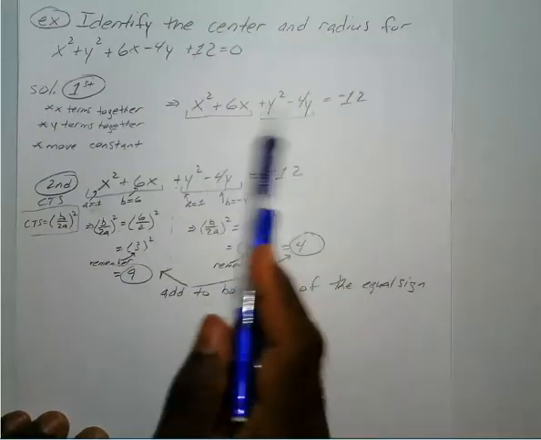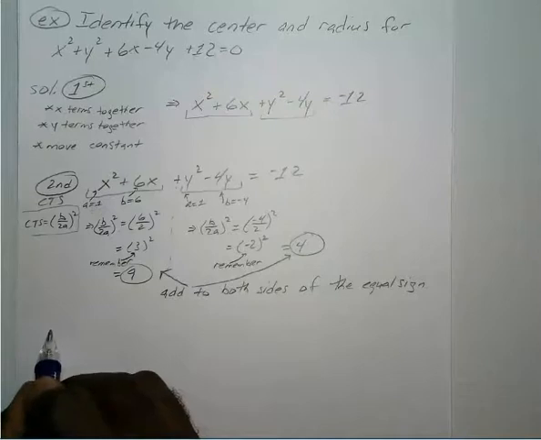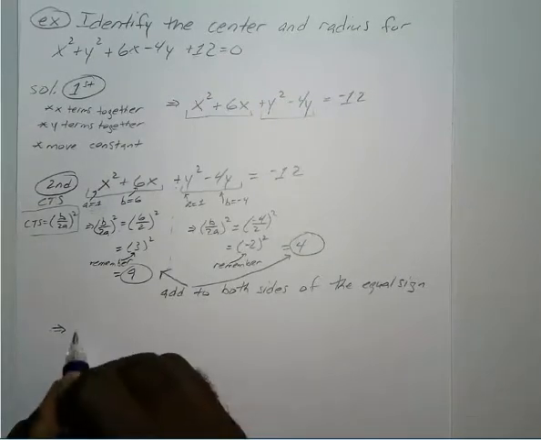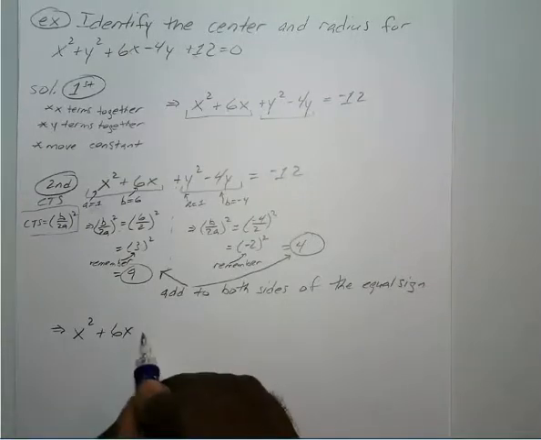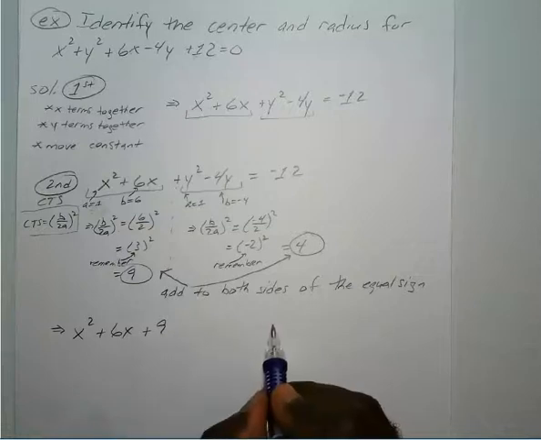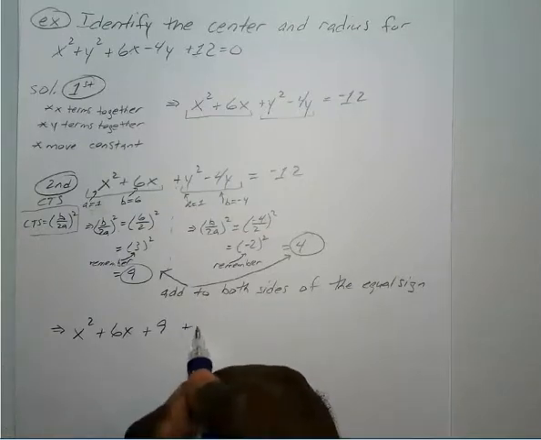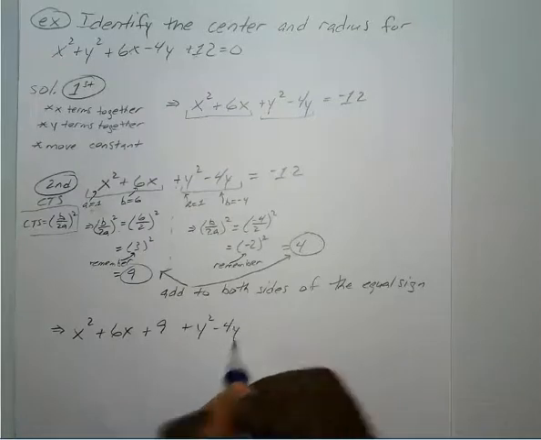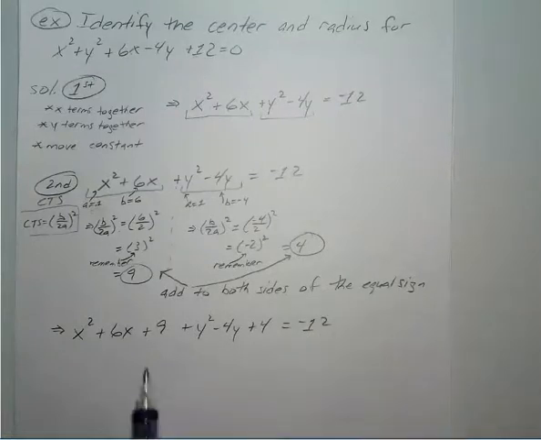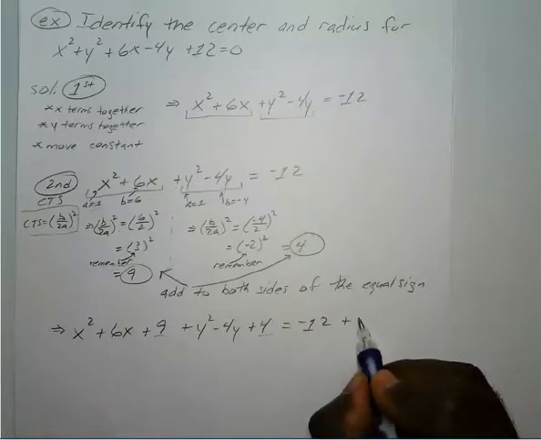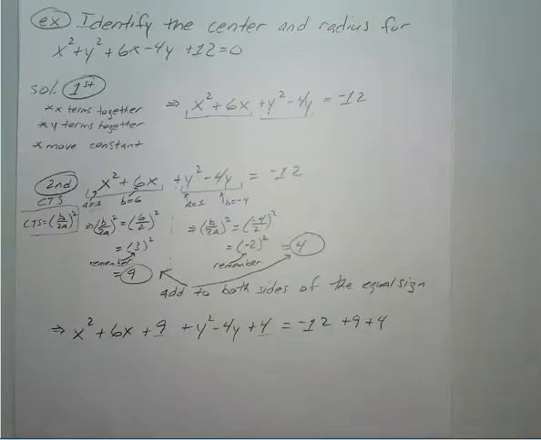So starting off with what we have here, you have x squared plus 6x plus 9 plus y squared minus 4y plus 4 equals negative 12. Now remember, you added a 9 and a 4 over here, so you have to add a 9 and a 4 over here. Just to keep things even, you have to do the same thing to the left and the right side.